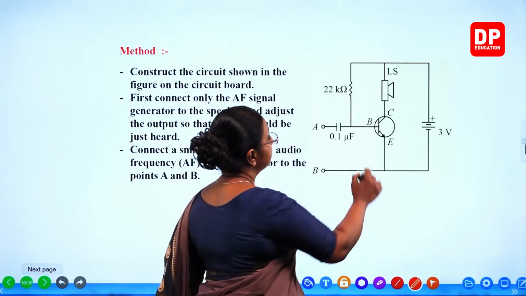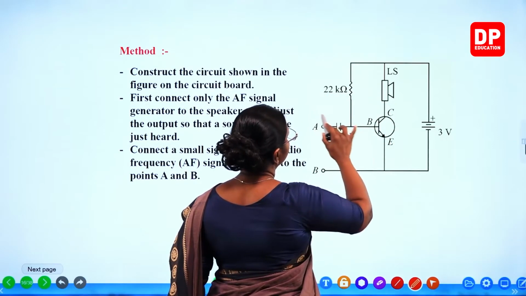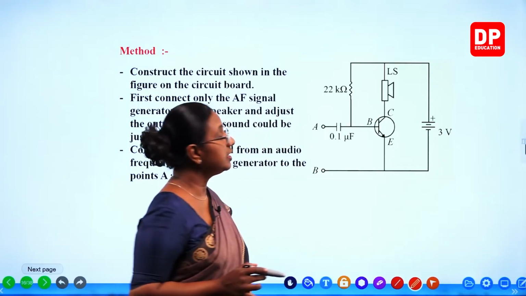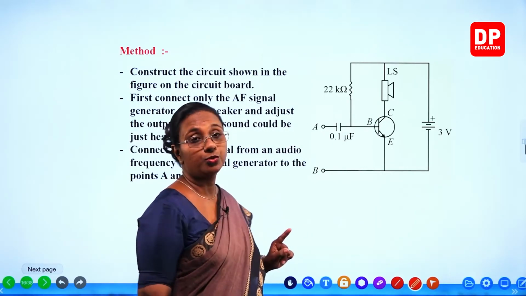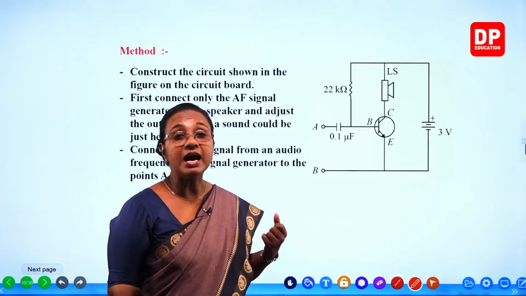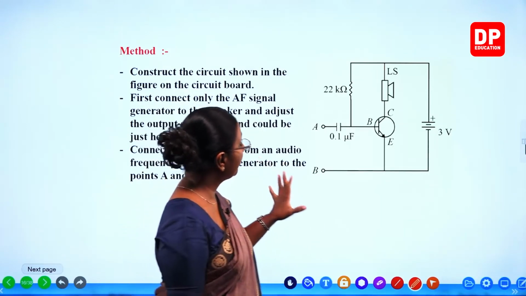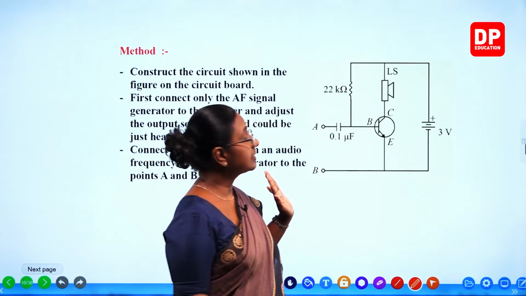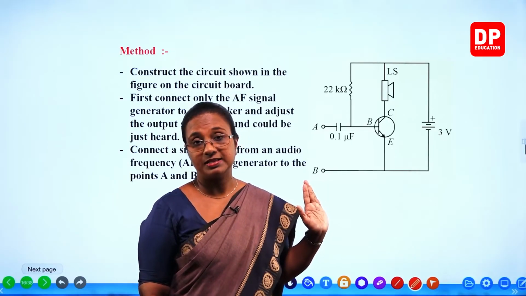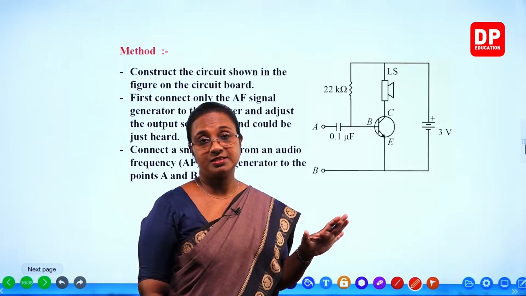Then here you can see the base collector terminal is connected to a 22 kilo ohm, means 22,000 ohm, resistor. That is a very high resistance, a fixed value resistor. To make the base collector circuit reverse biased, we need to provide a large resistance.